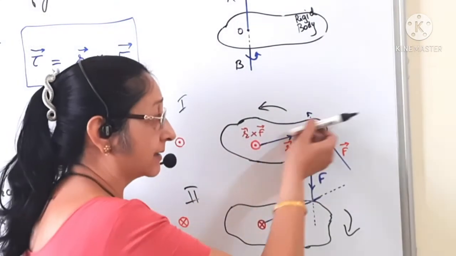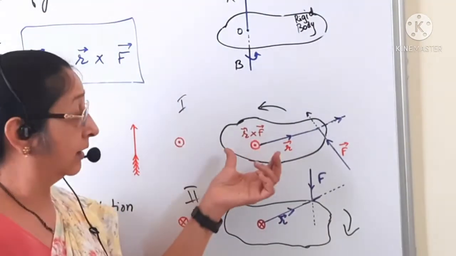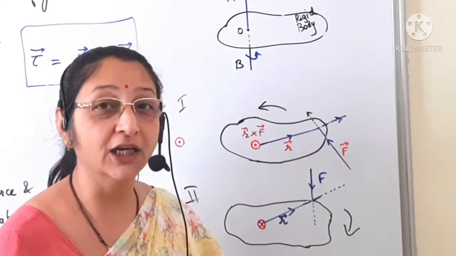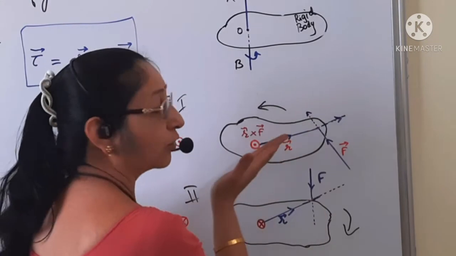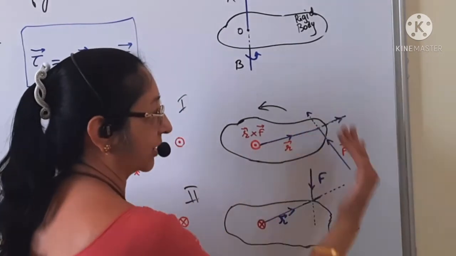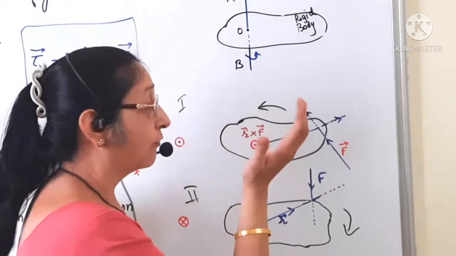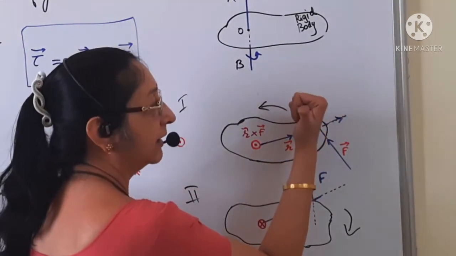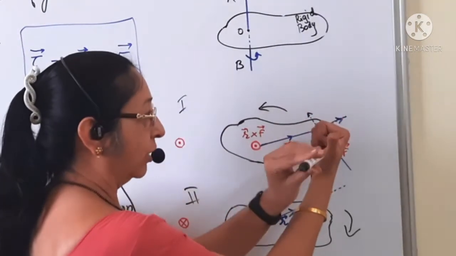Now R cross F, I apply the right hand thumb rule for finding the direction of the torque. R is in this direction and F is in this direction. So I curl these fingers from the direction of R to the direction of F. And when I curl, my thumb is outstretched in this direction.